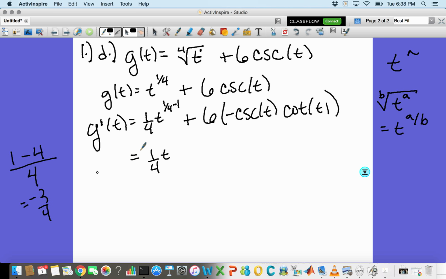I have a minus, and this is all multiplied by 6, so this would be minus 6 cosecant t times cotangent t. And that would be your final answer for part D. You could also express this as 1/4 t to the positive 3/4 if we move it to the denominator. And that would be it.